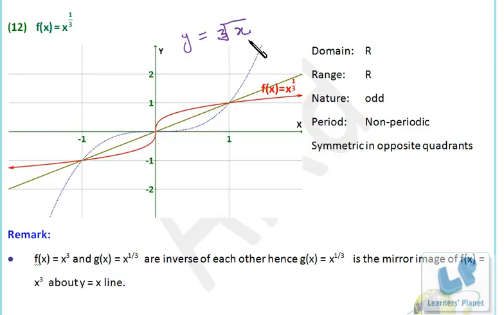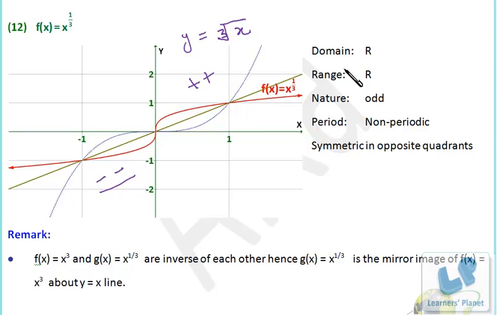Suppose you have to find the cube root of minus 8, then it will be minus 2, right? And the cube root of 8 will be 2, right? So if x is positive, y is positive. If x is negative, y is negative. That means the graph will be in the first quadrant as well as in the third quadrant. In the first quadrant, both of them are positive. In the third quadrant, both of them are negative.